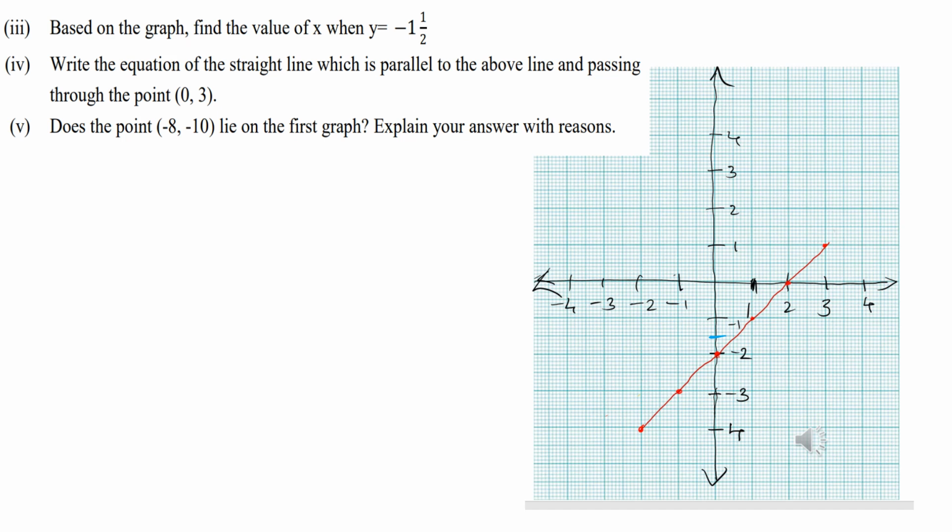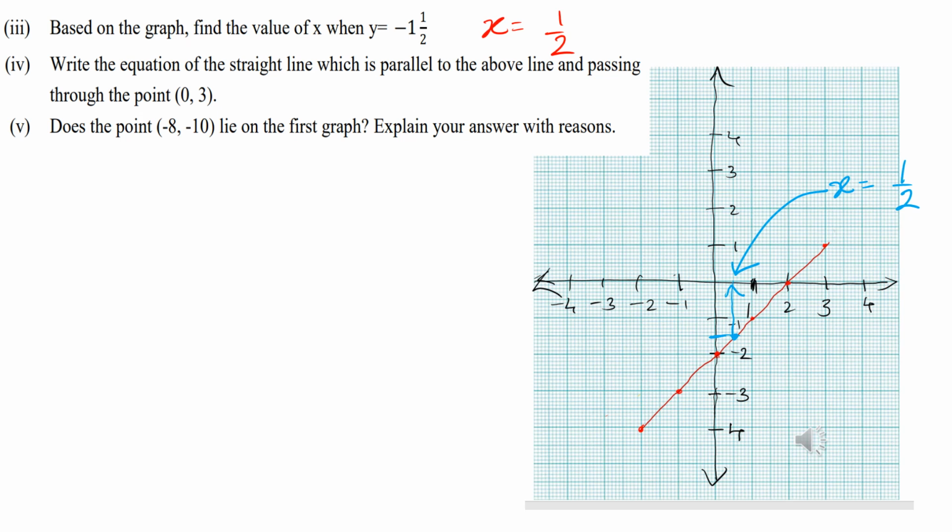So you take minus 1.5, and you can go here, and then you have to find the graph, and it comes here. That means now we have the x value here. x is equal to minus half. Then you can say the answer is x equals minus half. This is how you get the answer, right?